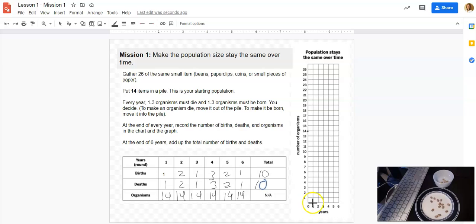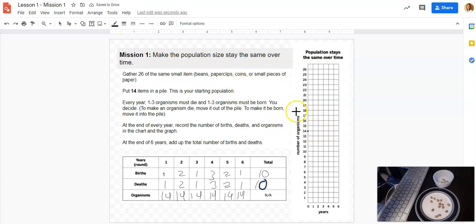So what I'll do is I'll look at each year. I'm going to go up the line that corresponds to that year and put a mark next to 14 because I want to mark the total number of organisms that there were in each year. So in year 1, there were 14. So, you know what, let me make this a little bit bigger and I'll just do a dot right here.